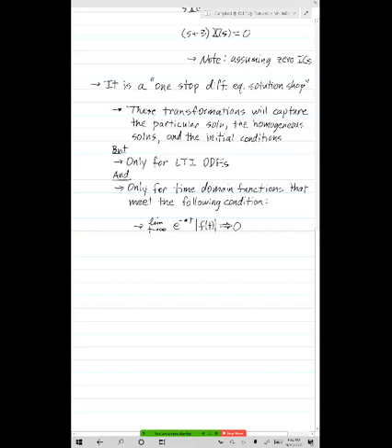And that has to be true for some positive constant sigma.